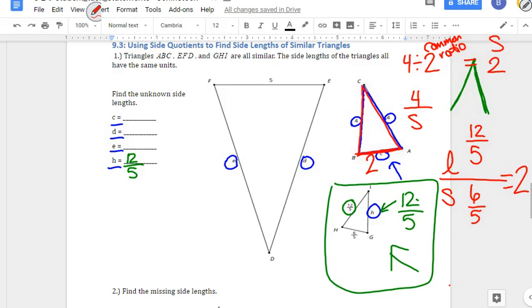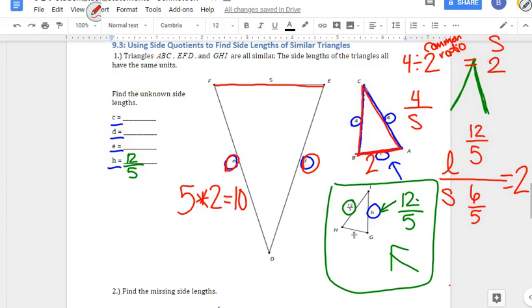All right, we're going to use the common ratio again to help us find E and D. So I already know the short side here. So to get the longer side, I have to get a bigger number than 5. So I'm going to use the common ratio, and instead of dividing, I have to multiply because I want to get a bigger value.